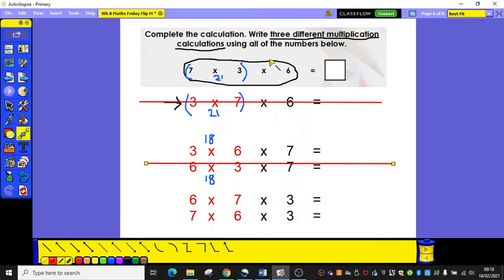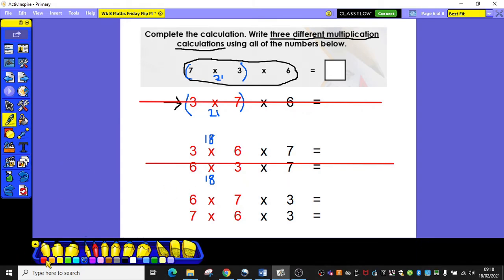And then if I've done two numbers multiplied by 6, two numbers multiplied by 7, then actually my only other option then is to do two numbers multiplied by 3. Okay, 6 times 7 we know is 42. But again, if I do 7 times 6 or 6 times 7, it's still 42.